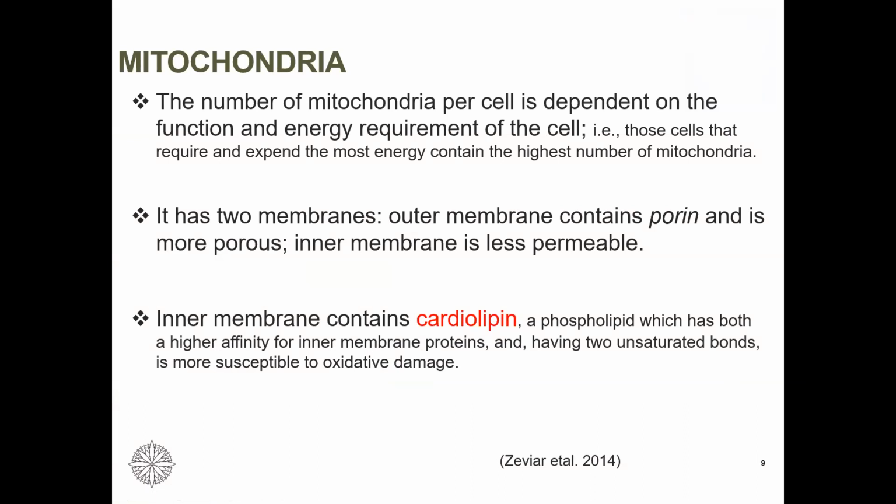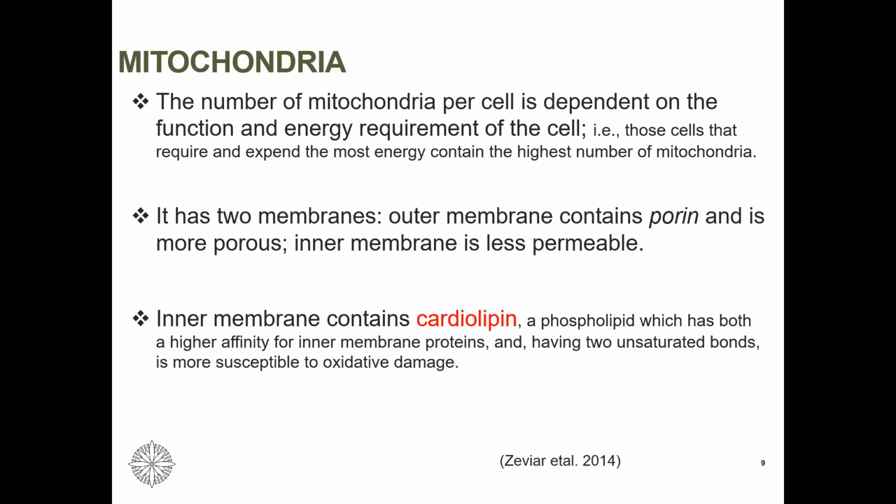So a couple of slides to understand the structure of mitochondria a little more. The number of mitochondria per cell, kind of connecting to what Dale was just saying in the chat box, is dependent on the function and energy requirement of the cell. So through the process of evolution, through our childhood years, the cells that require and expend the most energy contain the highest number of mitochondria.